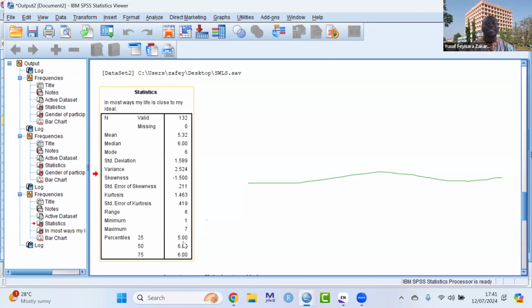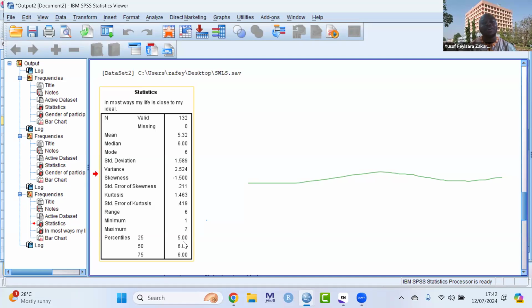How? 25th percentile is 25 over 100. When you divide 25 by 100, what are you going to get? 1 over 4. That is the first quartile.